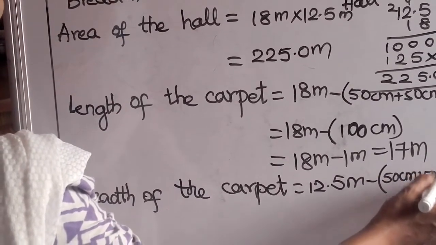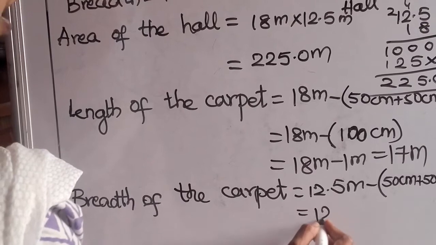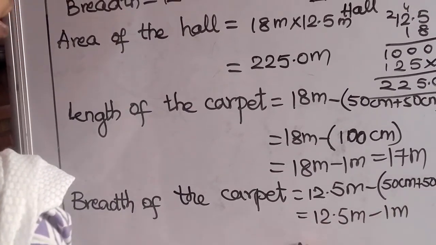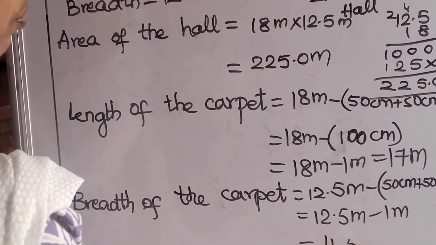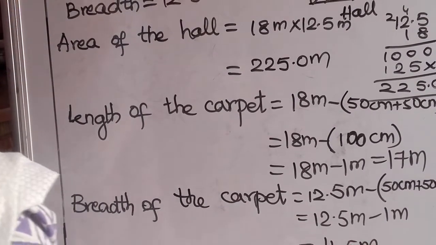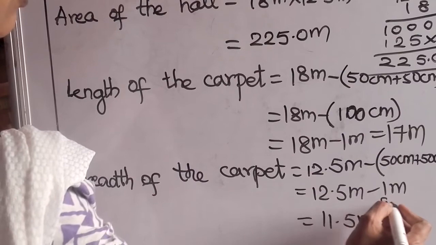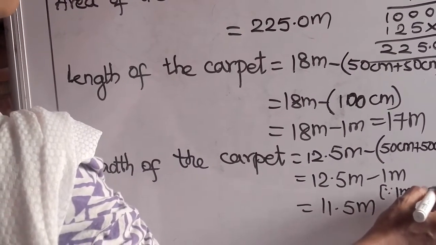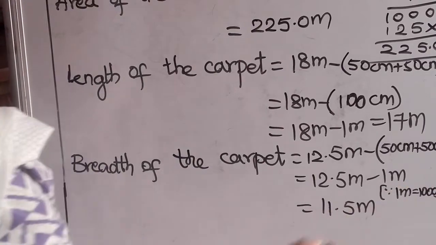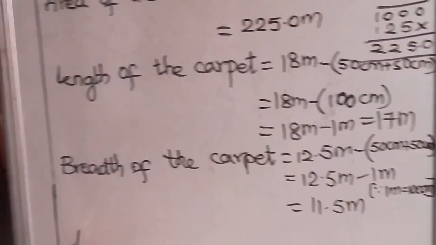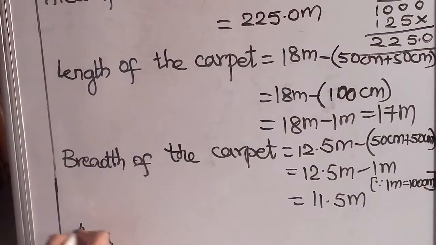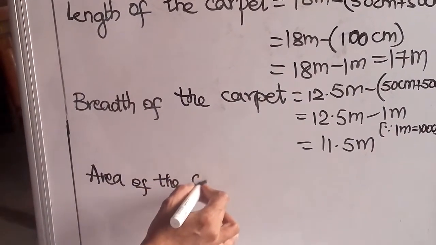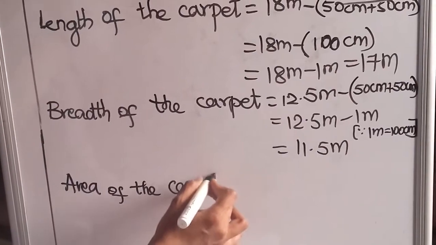We have to do, this is nothing but 12.5 meters minus 1 meter. This is equal to 11.5 meters. 11.5 meters. This is because 1 meter is equal to 100 centimeters. Okay. So now let us find out the area of the carpet.